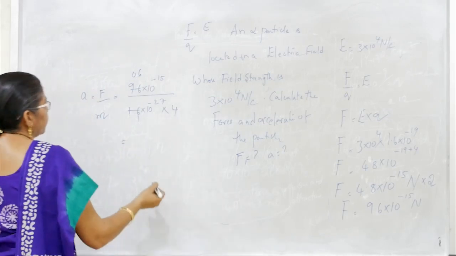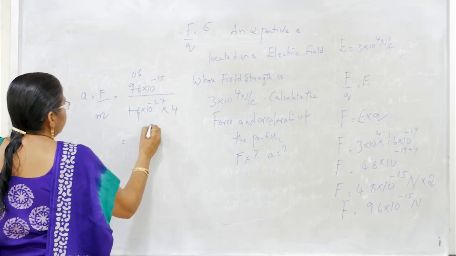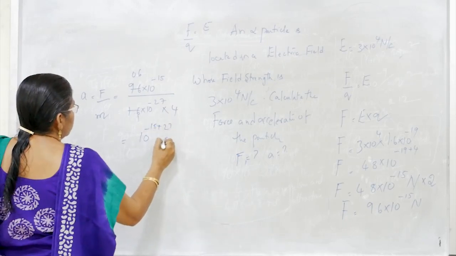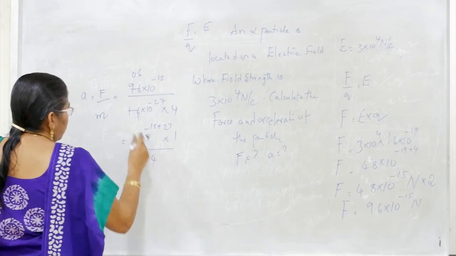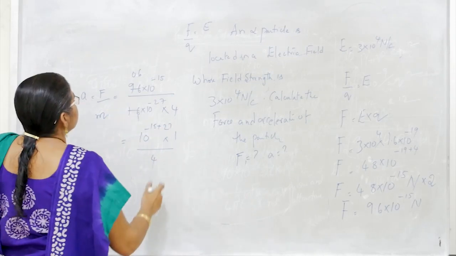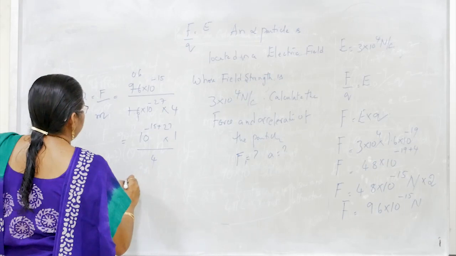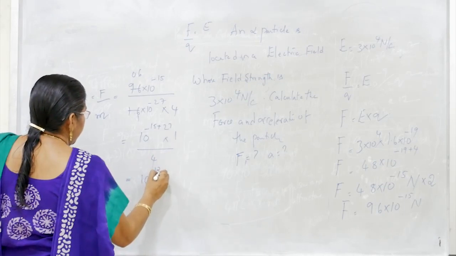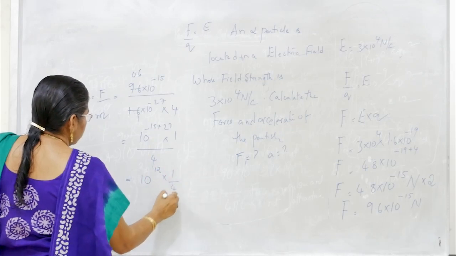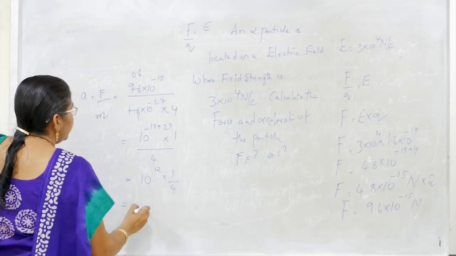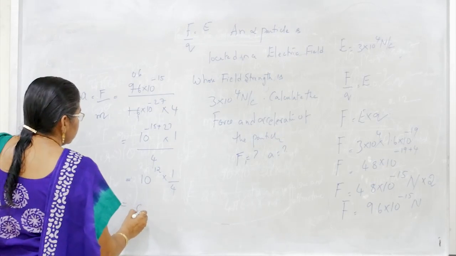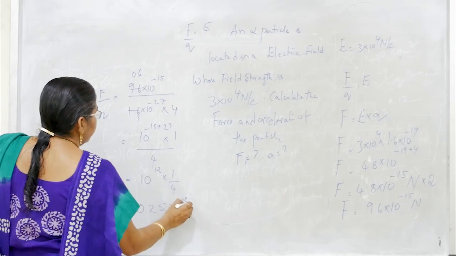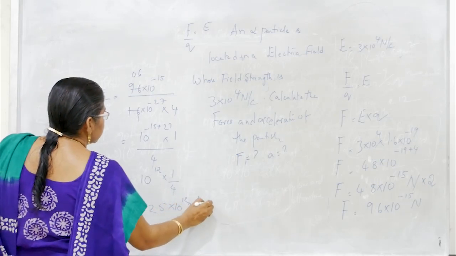So it gives 10 power minus 15 plus 27, into 1 by 4. So you can write it as 10 power 27 minus 15, which gives 12, into 1 by 4. So 1 by 4 gives 0.25 into 10 power 12 meters per second square.